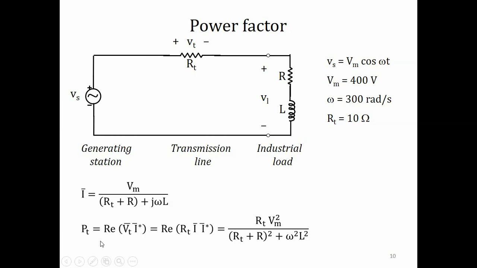So the power consumed by the transmission line is the real part of the voltage across the transmission line, Vt, and I star, the complex conjugate. And Vt of course is RT times I. So we'll get RT I star, and so this I star will be Vm squared by all this, RT plus R squared plus omega squared L squared.